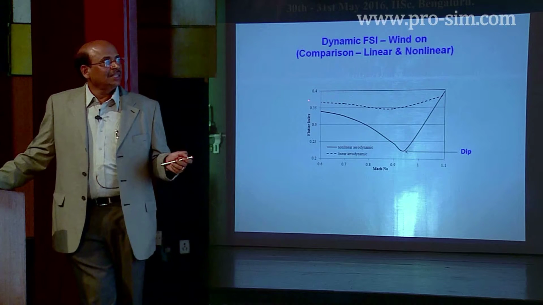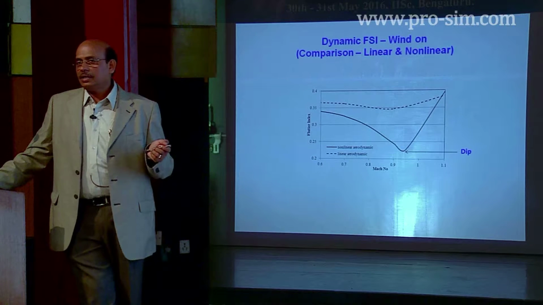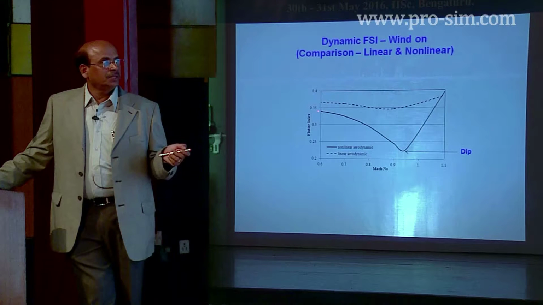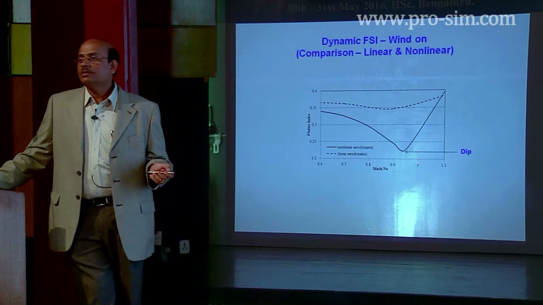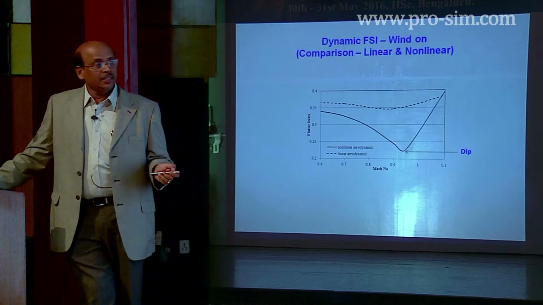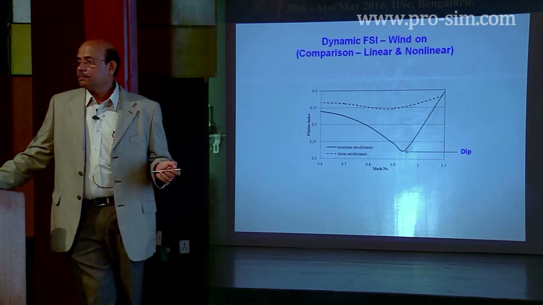Then this is what is predicted using our Navier-Stokes method. Here it is not the Euler method, I think it is the Navier-Stokes method that is used. You can see there is a huge difference. If I predict this as my flutter speed, it is quite high, but the actual flutter speed is here, and that too happens in the transonic regime. The difference comes up in the transonic regime.